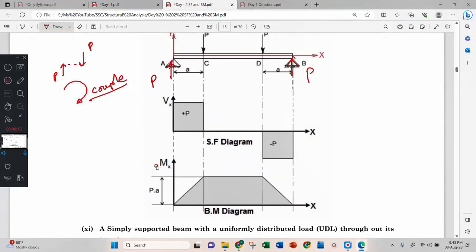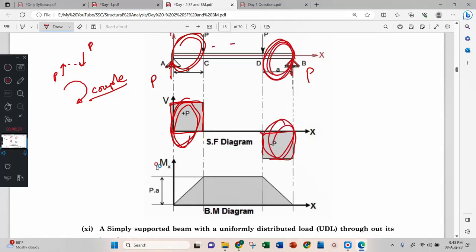At that place, you are getting the shear force constant. Already we saw one problem, and here also this is there. See, this portion's shear force is affected in this portion. This load's shear force is affected in this portion. Then nothing is left in between. Therefore, the shear force diagram is not coming. Correct? Why? Because this force and this force rotate, and this force and this force rotate.